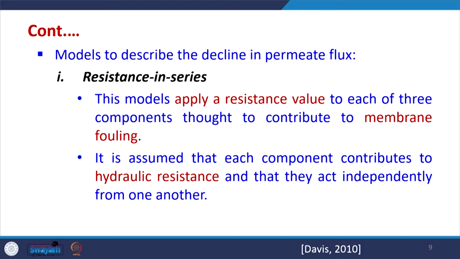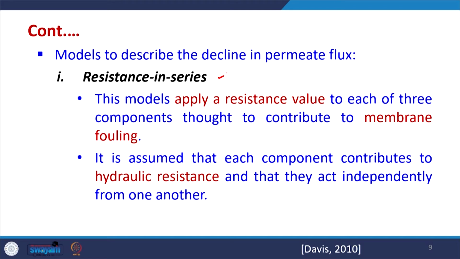Now we have two resistances coming into the picture: the resistance of the membrane itself and the resistance of the cake which is getting deposited. One of the first models used to describe the decline in permeate flux is the resistance in series model.